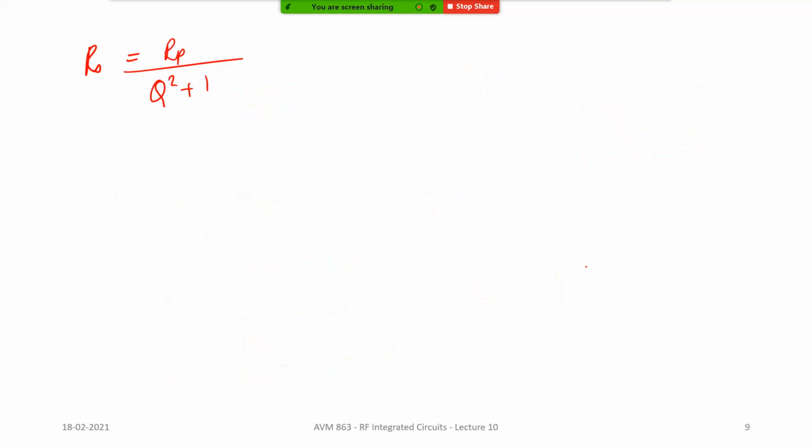Now here, if you look at this expression, you can see that by converting from one form to the other, you have a change in the resistance value. So for example, let's say Rp is 50 ohm and let me say Q is equal to 2. Now what will be Rs?